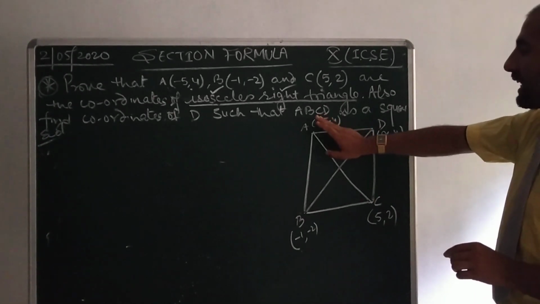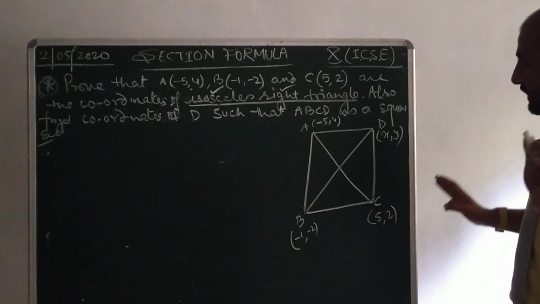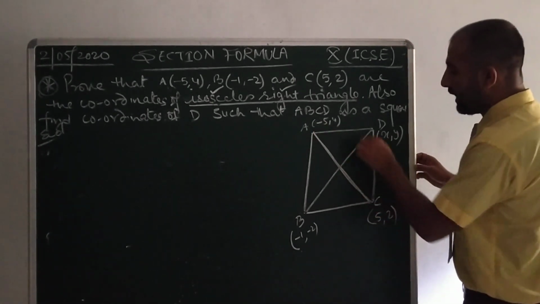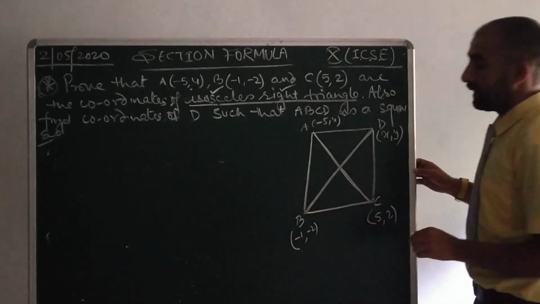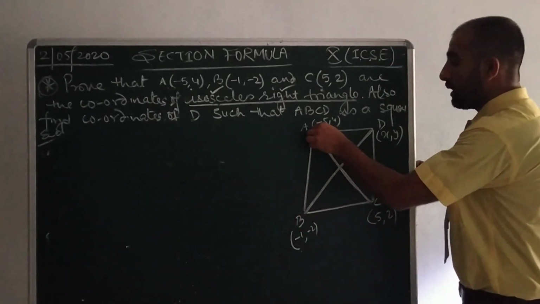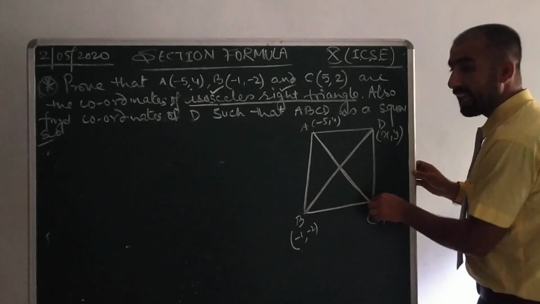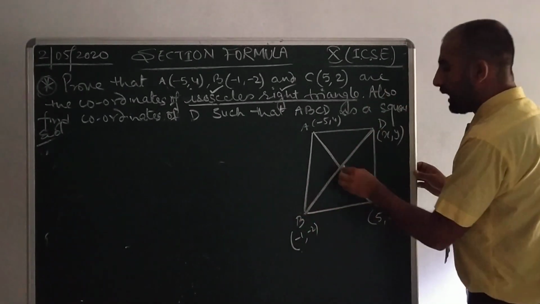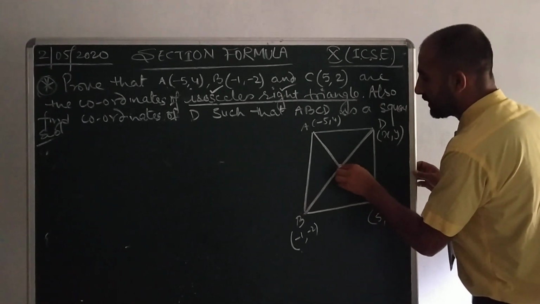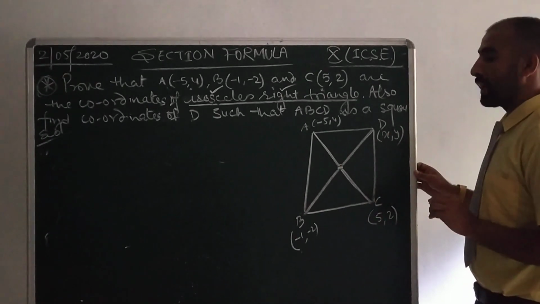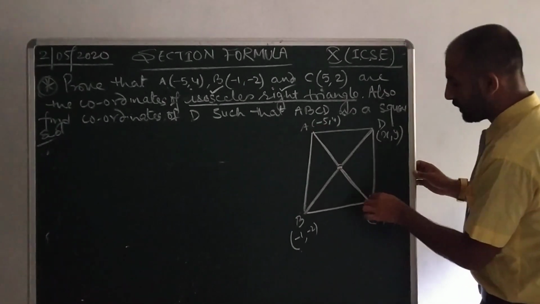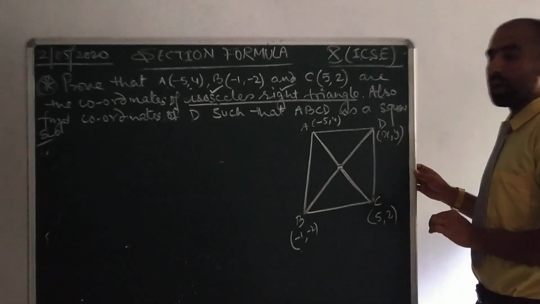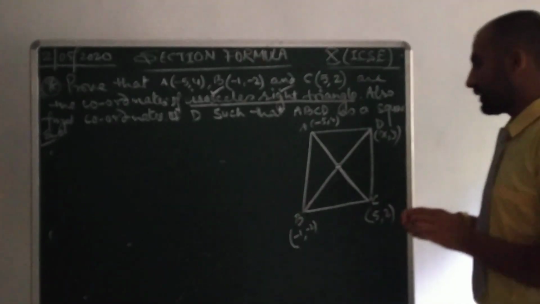Let me repeat once again: diagonals of a square bisect each other, so the midpoint of diagonal AC and the midpoint of diagonal BD are the same, a common midpoint. So we will first find the midpoint of AC, then the midpoint of BD, and equate them.